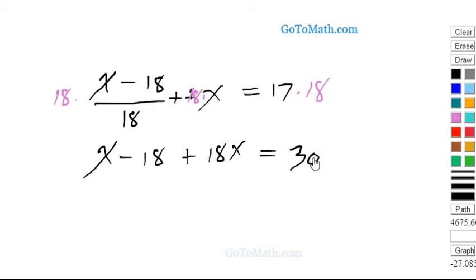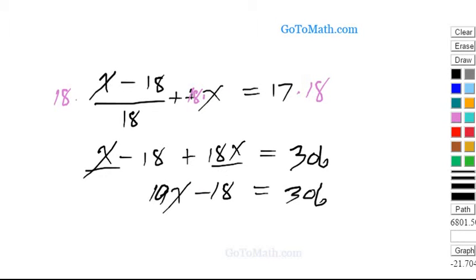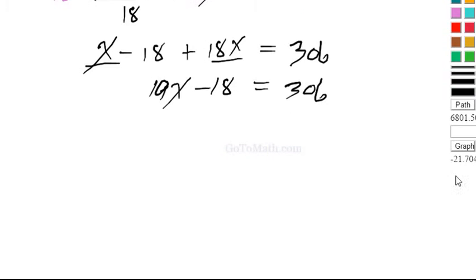Use a calculator, whatever you got to do. Okay, so we got 306. Let's collect up some like terms. X and 18x are like terms, so that's 19x. Bring that 18 over on the right. Is 306.